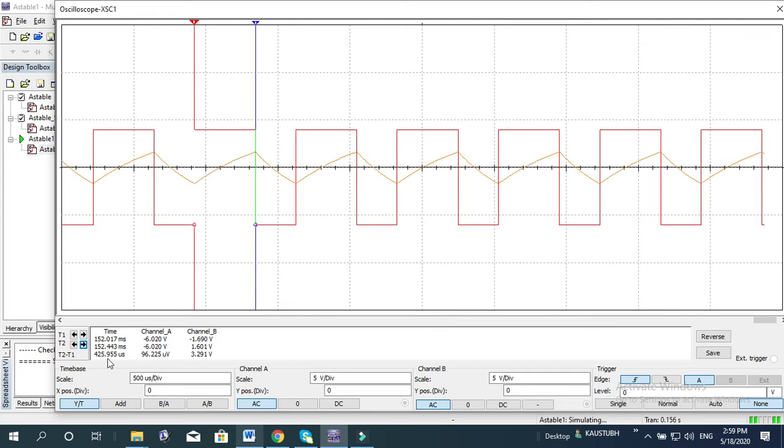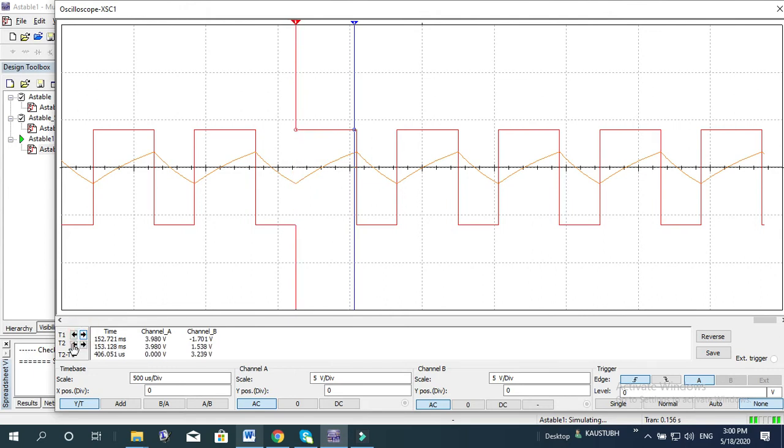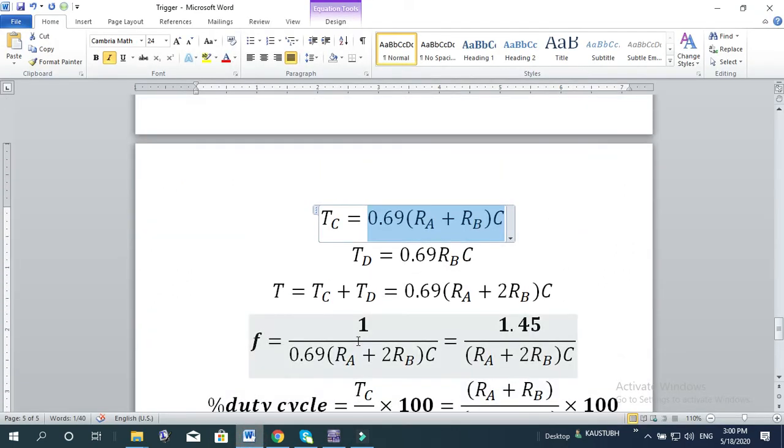So 425.955, let's see here how much it is showing. 421.9, slightly here and there. Okay, so I'll consider it as say 425 microsecond. So that is your T on. So let me write it here as T on or TC.